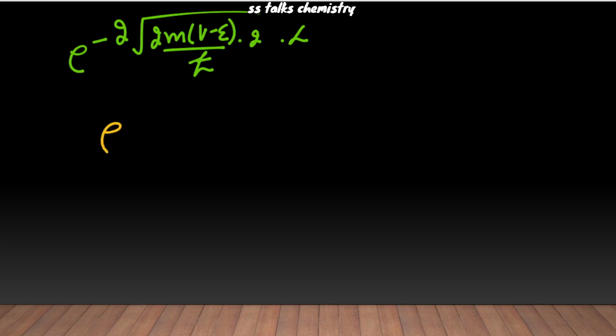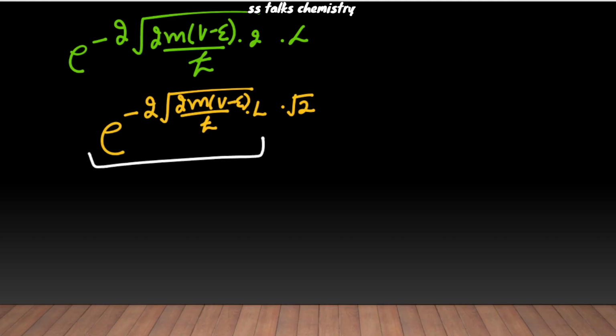So you can rearrange this a bit. That will become e raised to the power of minus 2 root of 2m times (V minus E) upon h cut into L into the root of 2. Like this we can write this value, right? Now this value we have already been given, that is e raised to the power of minus 10, into under root of 2.